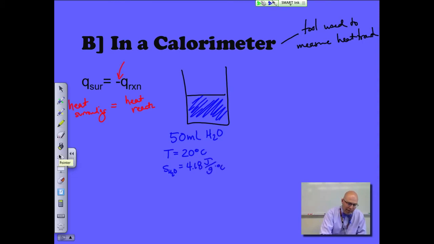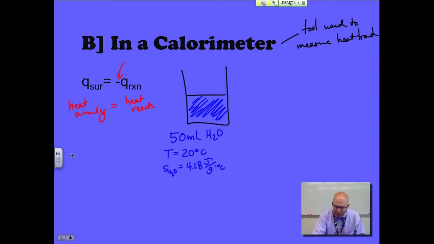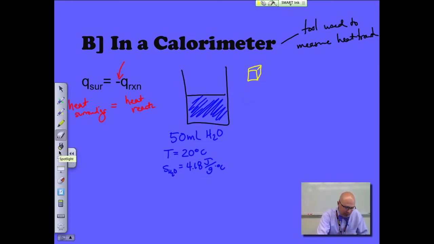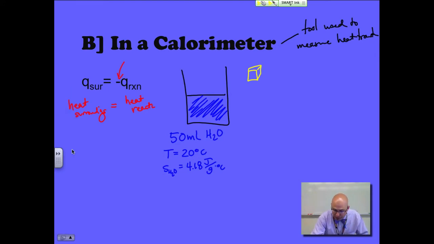If we heat up a chunk of iron, so here's some iron, we hold it in a flame. We're going to be actually doing this in our lab. We hold it in a red hot flame and heat it up, and we get that iron to 120 degrees Celsius.